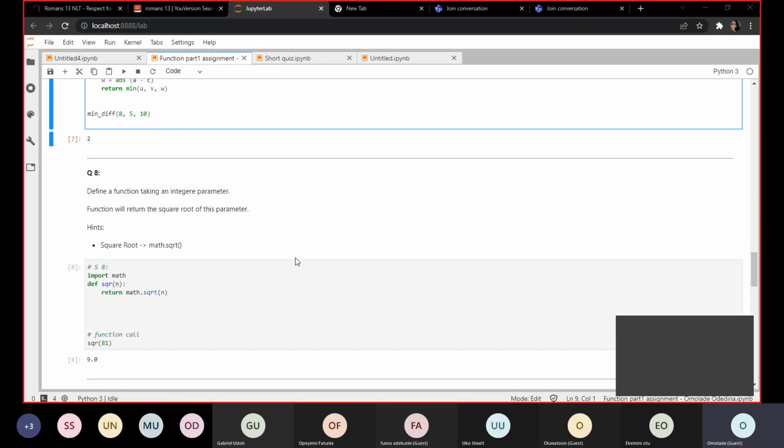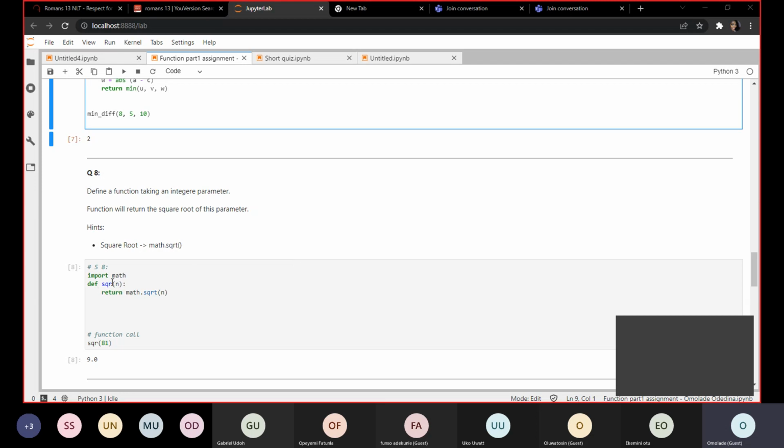Now, question 8. Define a function taking an integer parameter. The function will return the square root of this parameter. Hint: square root, math dot square root. Yes, so now, like I said, line upon line, precept upon precept. So first of all, define a function that takes in an integer parameter.